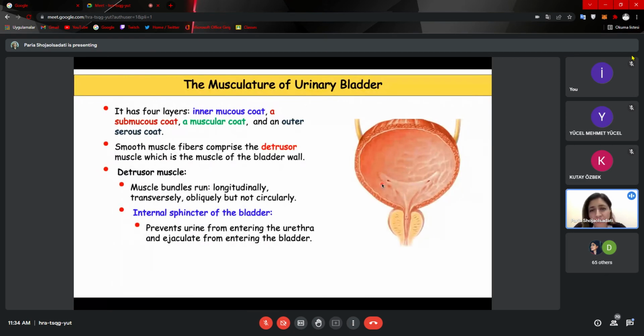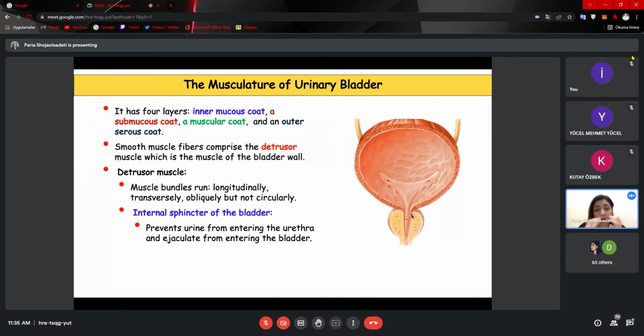The musculature of the urinary bladder is very important. It has four layers: an inner mucous coat, a submucous coat, and a muscular coat on the external side. And on the outer side, we have a special layer named the serous coat.